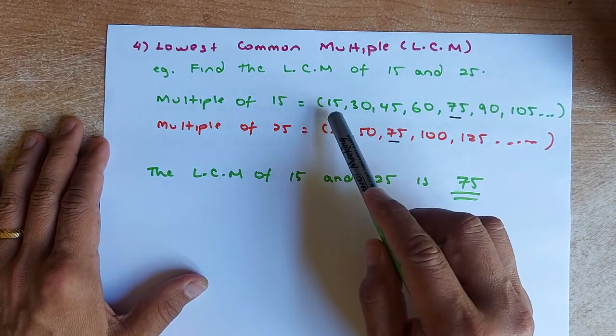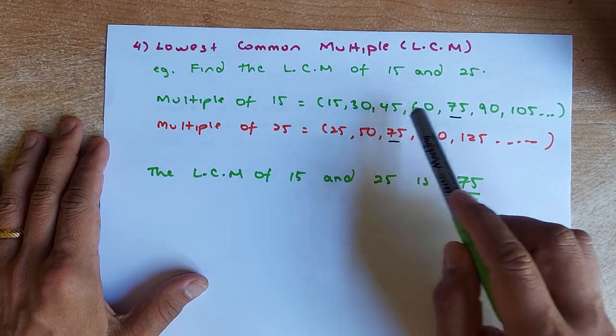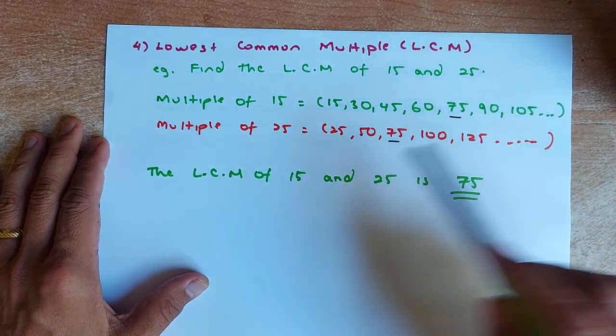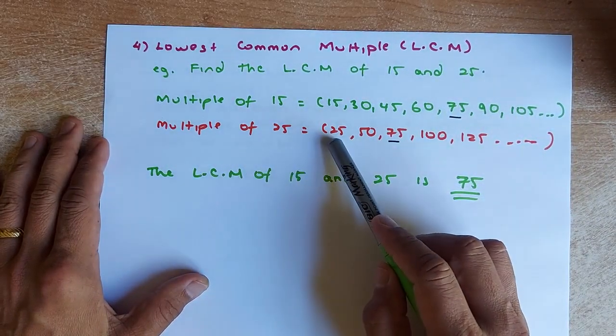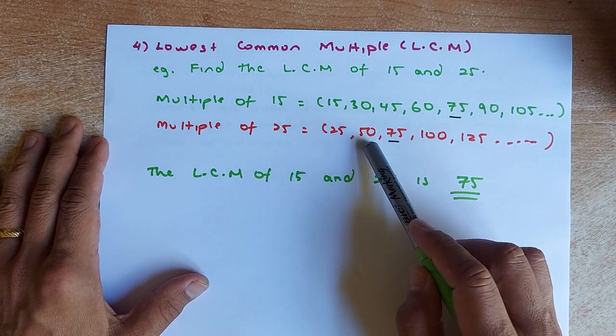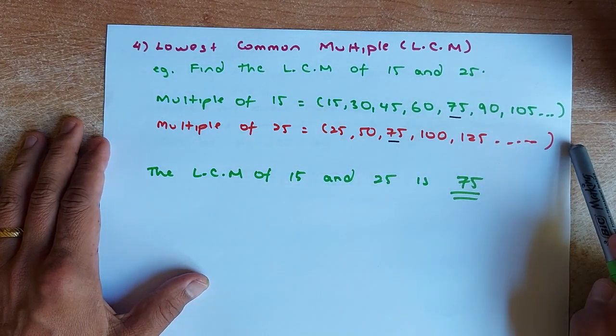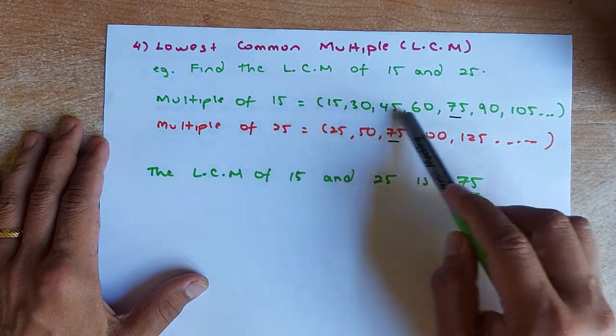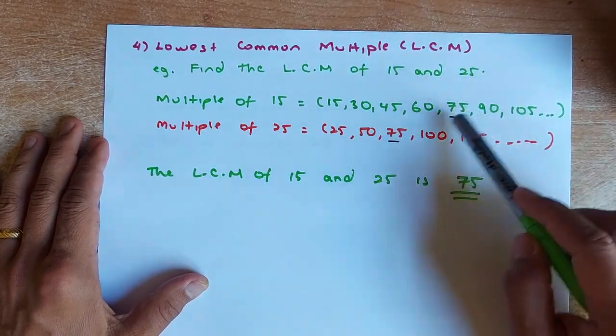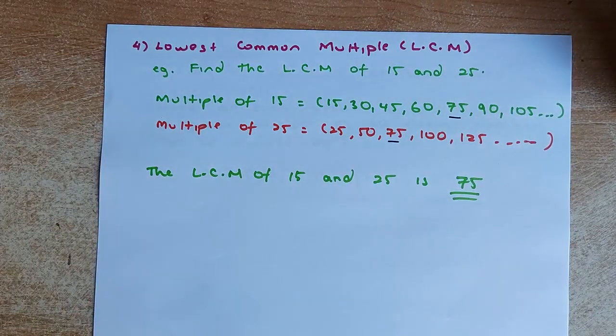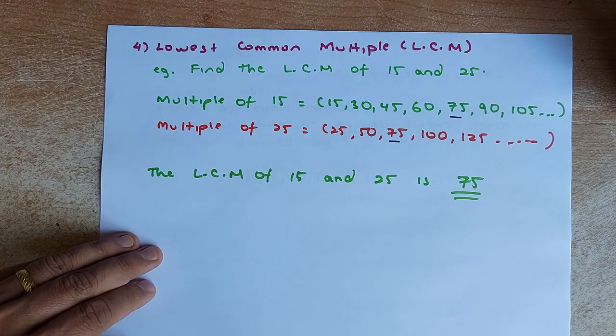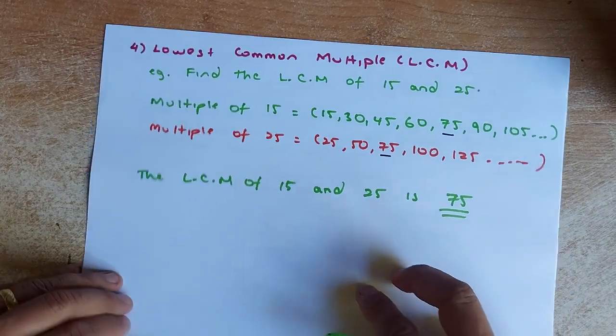So the multiples of 15 are 15, 30, 45, 60, and so forth. Multiples of 25: 25 times 1 is 25, 25 times 2 is 50, and so forth. So you look for common multiples. The first common multiple is 75. So 75 will be the lowest common multiple of 15 and 25. That's easy, isn't it? Good.